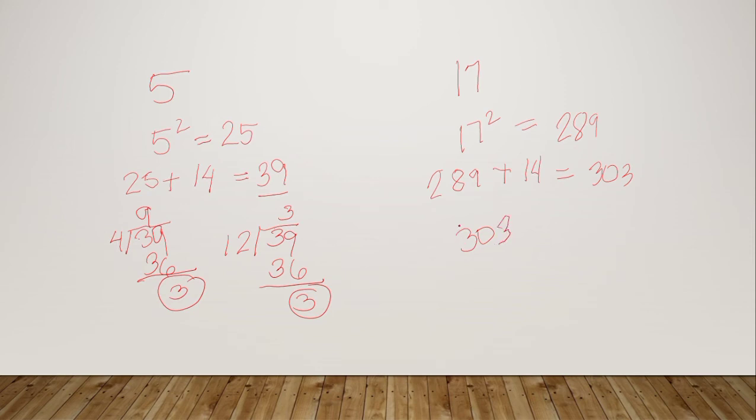So 303 divided by 4, we have 7, and then 28, 2, 3, 5, 5, then 20. Still, the remainder is 3.